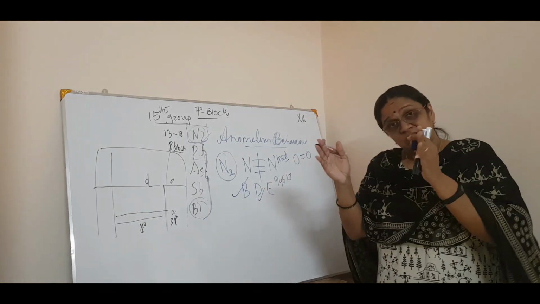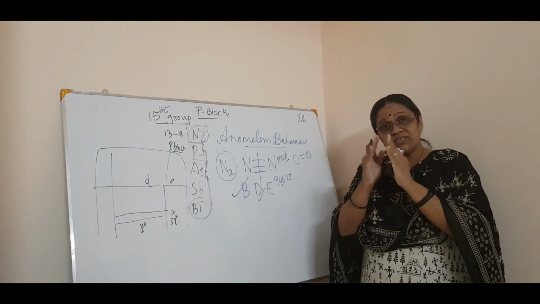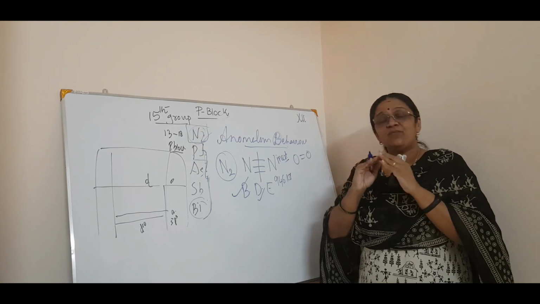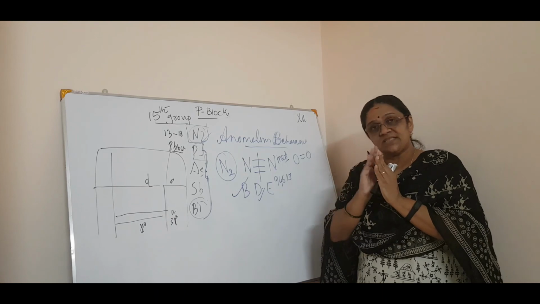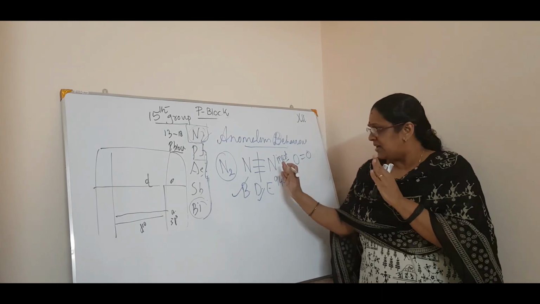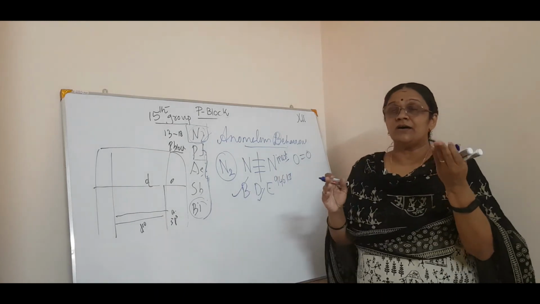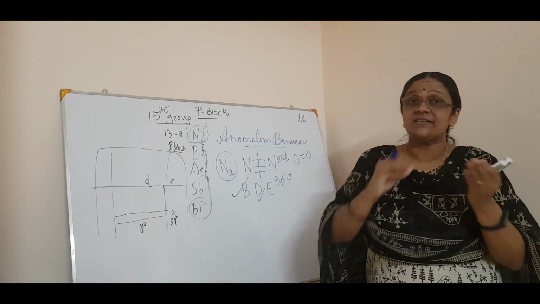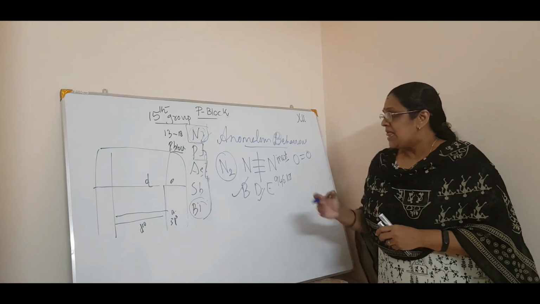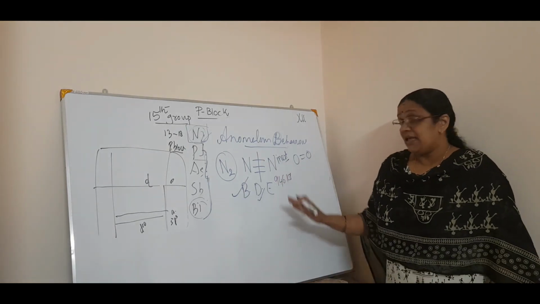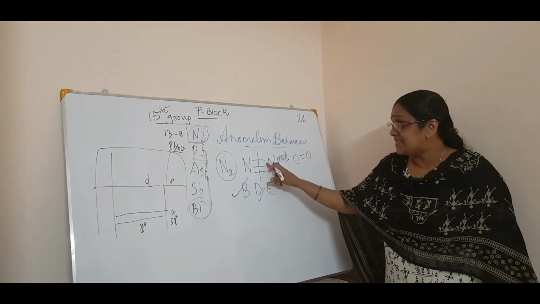Since the 3 bonds are very adequately placed, it won't go for any reactions as such. At higher temperatures it's okay, but at normal temperature it is inert. That is why in chips packets and all, nitrogen is flushed in, being inert, to prevent oxidation, isn't it?